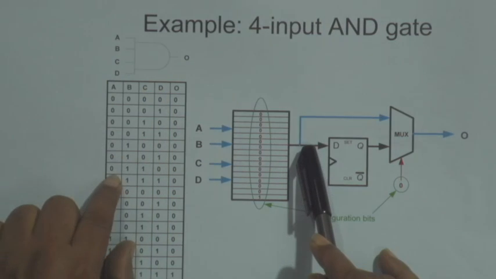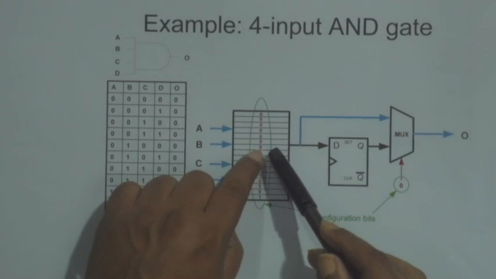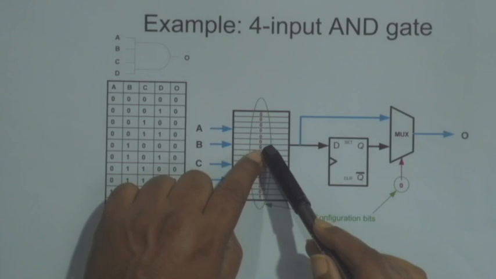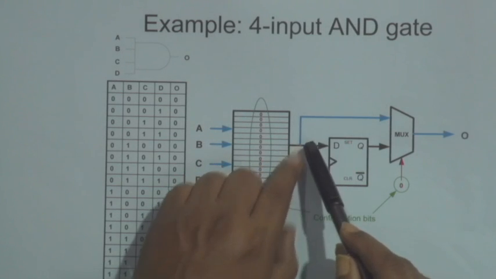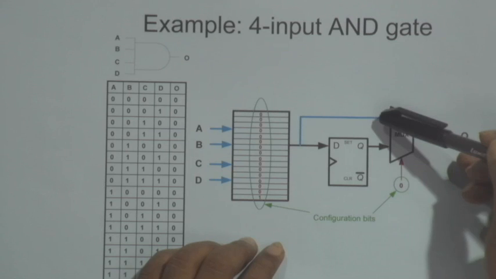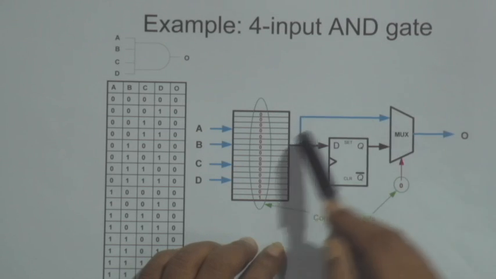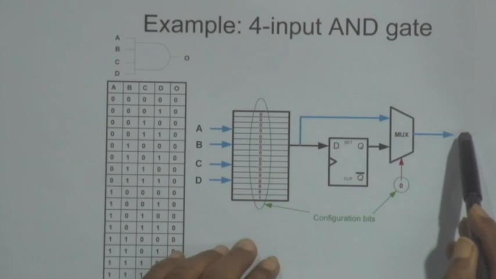So, if the input is 0, 1, 1, 0, this will select a particular location from here, which is programmed to be 0, that will come here, and I also program the mux to select the first input, the top input. Therefore, this is also 0, and hence whatever is coming out from here will come out as the output.